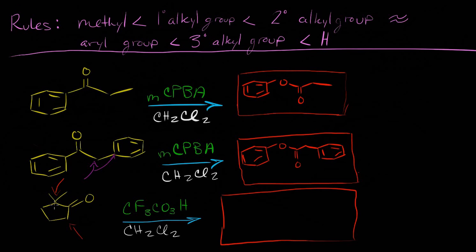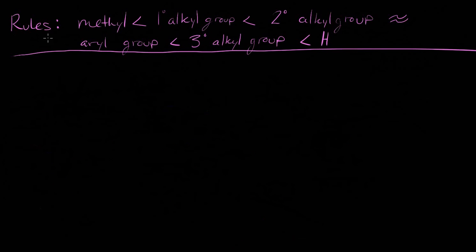So if we added an oxygen to this ring, which is what needs to happen if it is truly a Baeyer-Villiger, then we'll end up having, instead of a 5-member ring, a 6-member ring. And so our answer would look like this, just like that.